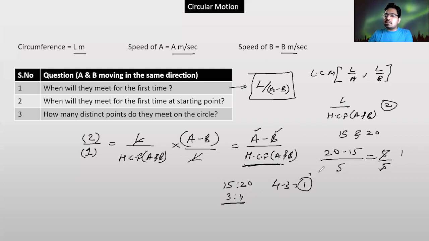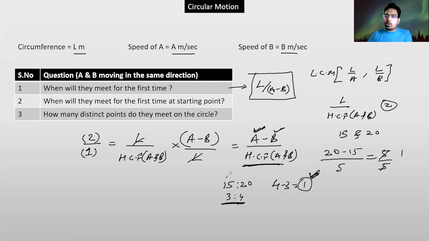But remember this thing, you will attain this value only if the ratio is in the simplest form, because your HCF is there in the denominator. So that needs to be cancelled before you get down to the number of points, and that will definitely always be present in A also and in B also. So that will get cancelled out.